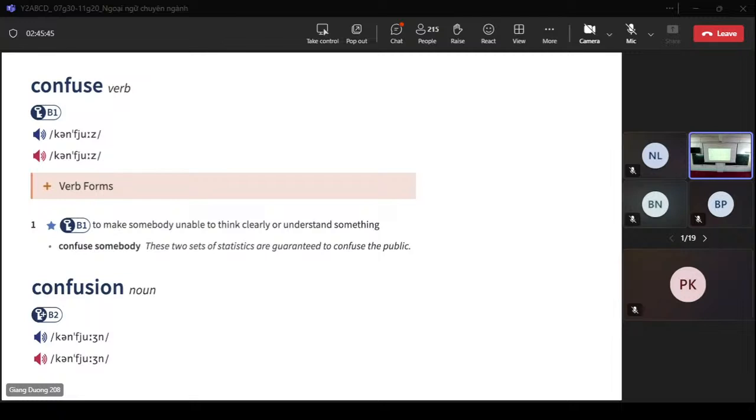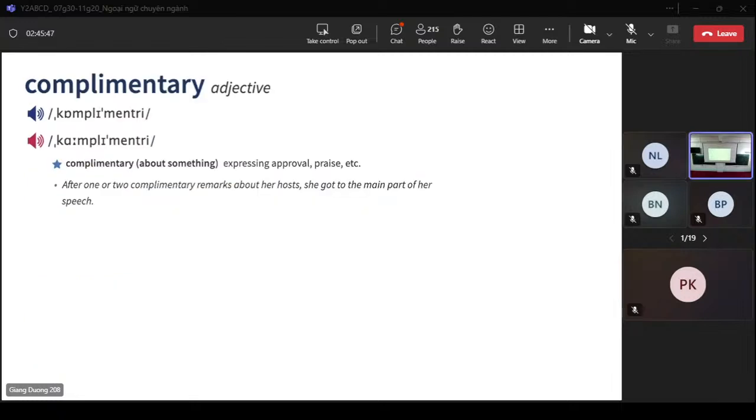Cô đi tiếp nha. Complimentary. Những lời ngợi. Compliment là lời khen. Complimentary là tính từ. Ha. Complimentary remarks.